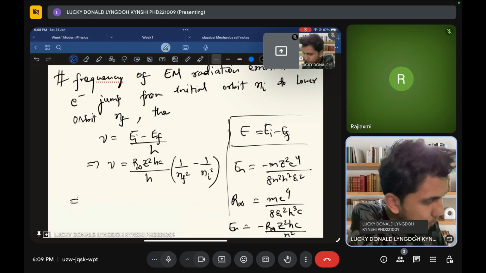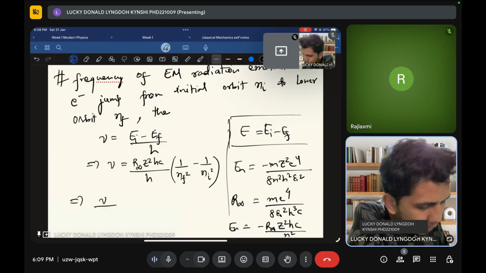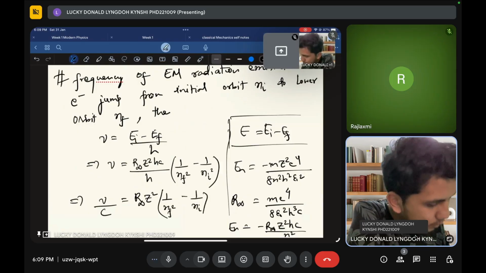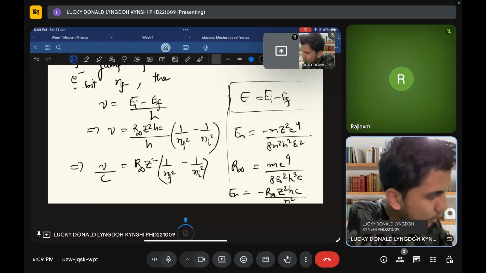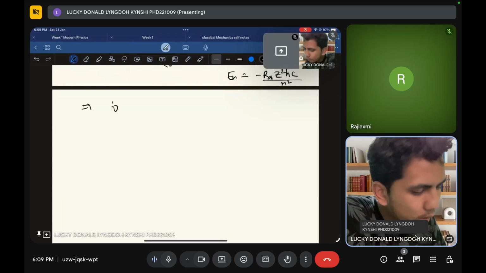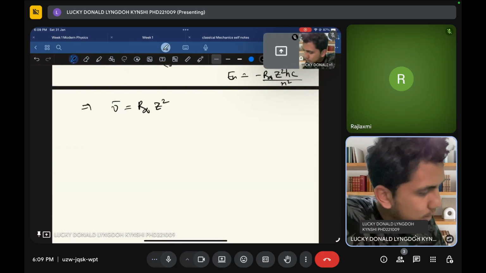Then mu, you can take c left, we can take some R Z square, 1 by nf square minus 1 divided by ni square. Finally, you will get mu by c, which is in fact wave number. Mu bar is equal to R Z square 1 by nf square minus 1 divided by ni square.